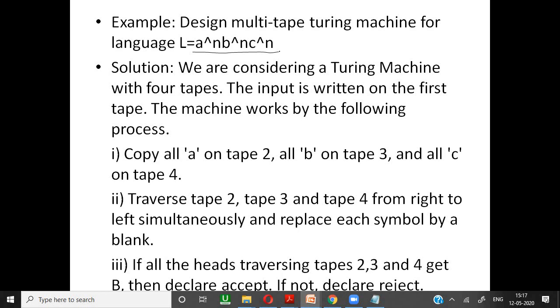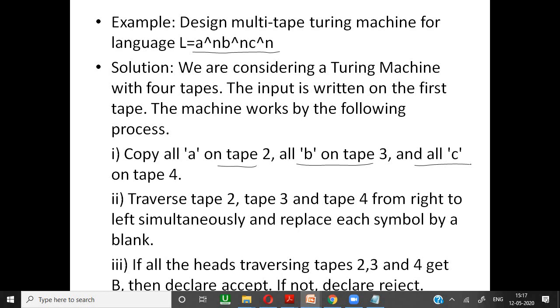We copy all the a's onto tape 2, all the b's onto tape 3, and all the c's onto tape 4. Earlier the same process was done on a single tape, but now I am utilizing a total of 4 tapes. The first tape is used for input, whatever the input string is, and the remaining 3 tapes are used for different purposes.